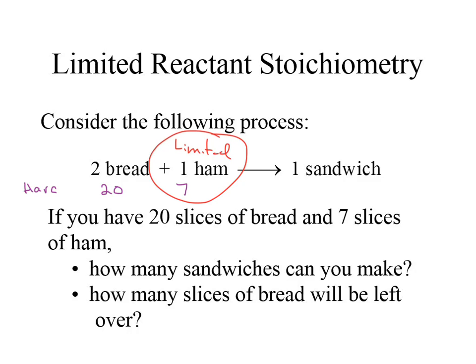In this case, the product is the sandwich. In the case of the brownies, the product is the brownies. We could only make 2 batches of brownies based upon our eggs. Okay? We can only make 7 sandwiches based on our ham. So it's a limited amount. I call it your short chain. I say it basically sets the tone for the amounts that are going to be reacted.